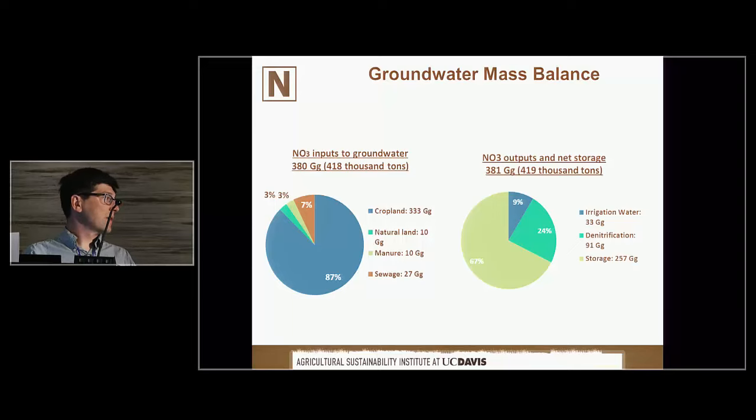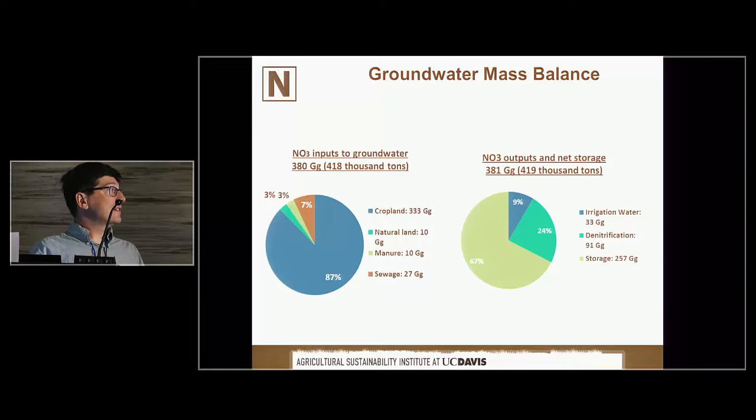Much smaller amounts come from natural leaching in natural lands. The manure in this case refers to leaching from the confined or from the dairy facilities themselves, and then a small amount of sewage nitrate reaches the groundwater as well. And that's both from septic systems and from land-applied discharge from wastewater treatment plants.